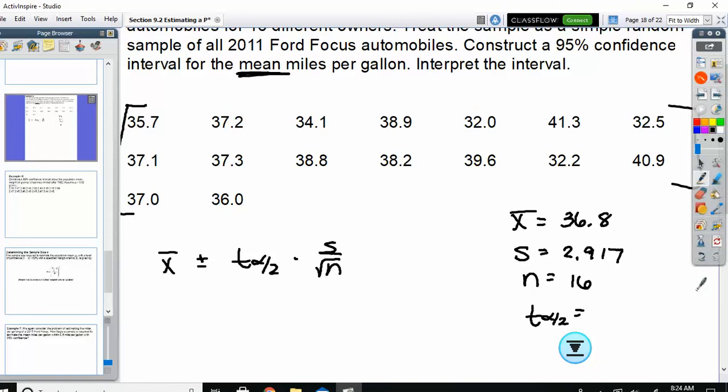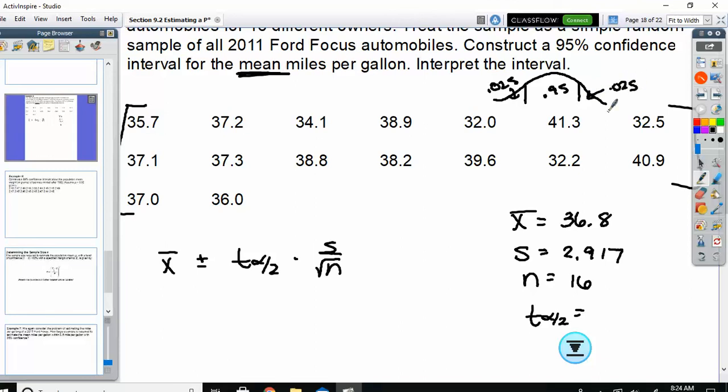We wanted a 95% confidence interval, okay? When we looked it up with the normal table, we talked about how that means there's 95% in the middle. So how much is on each end? 2.5%, so 0.025.